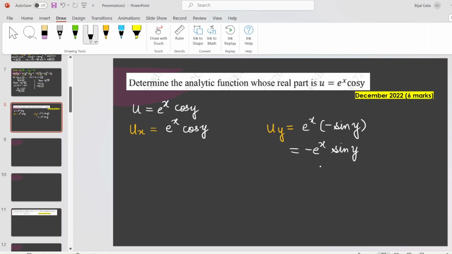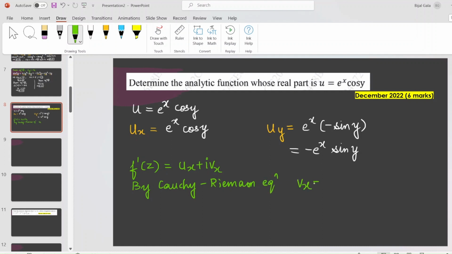Now let's understand. We have this relation for the derivatives: f dash of z is given by ux plus i vx. Now, because I don't know v, I don't know vx, but I do know by the Cauchy-Riemann equation that vx will be equal to negative uy.